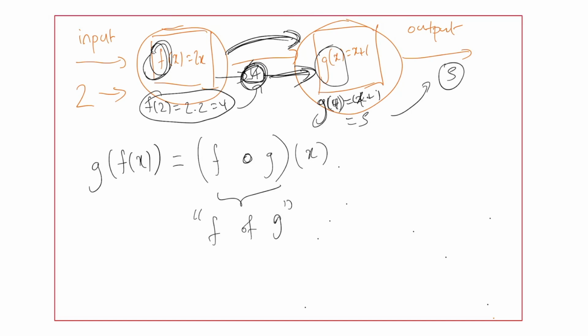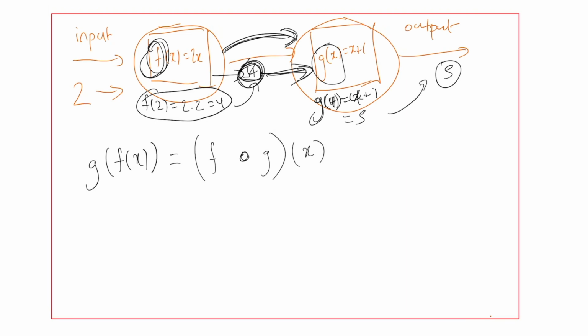Now let's apply this to the composite function we have in the example specifically. We'll do that by using this notation here. Alright, so we have our function g, which we know is x plus 1, and we have our function f, which we know is 2x. And we're plugging one into the other. Composite functions. Let's do that. So we could write g of, instead of f of x, what's another way to write that? Well, we know f of x is equal to 2x, so we'll write 2x.